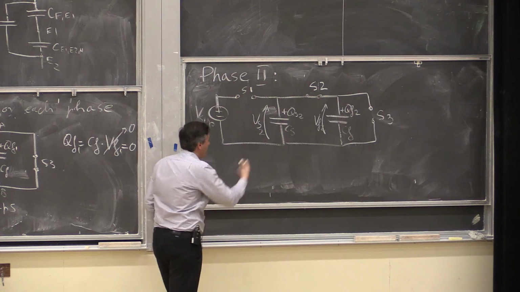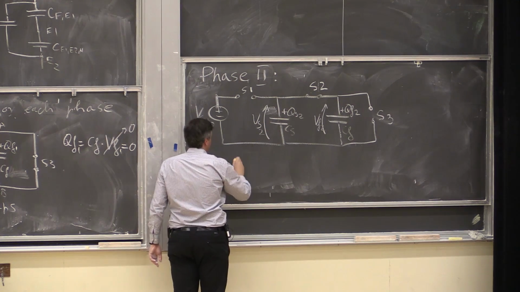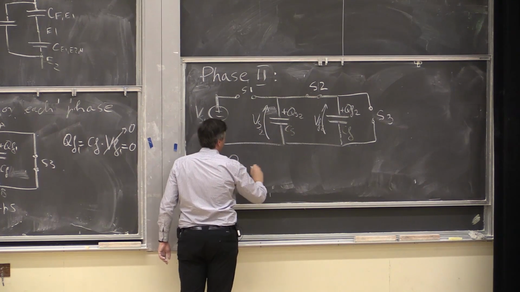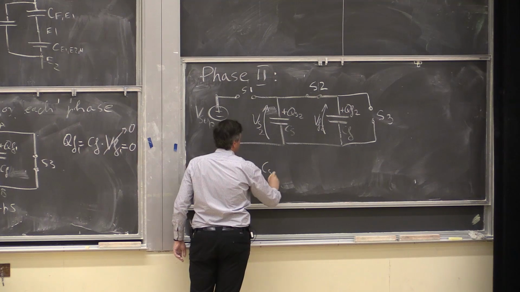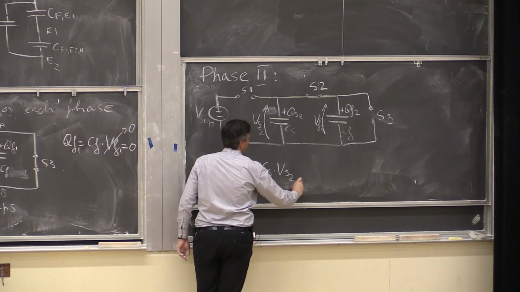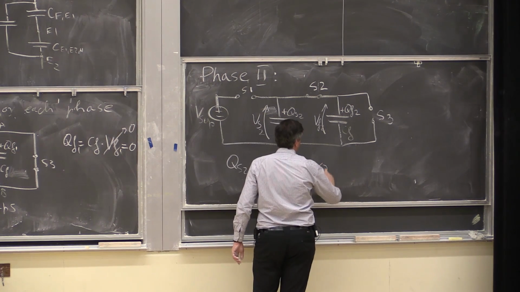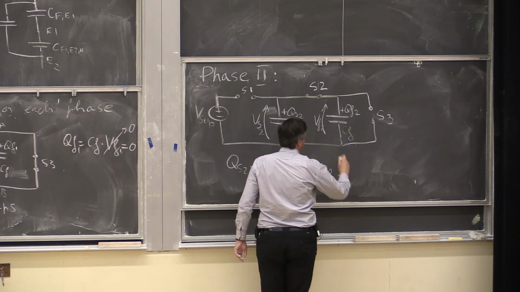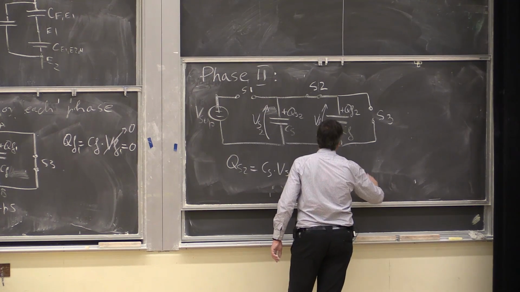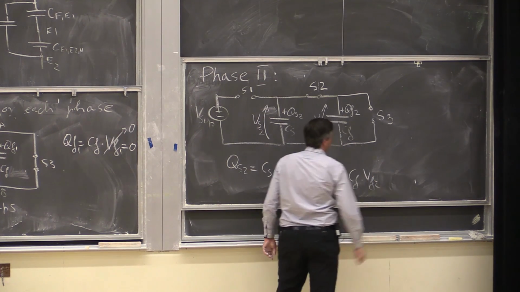Now we're going to just write them for this. We have QS2 equals CS times VS2, and QF2 equals CF times VF2.